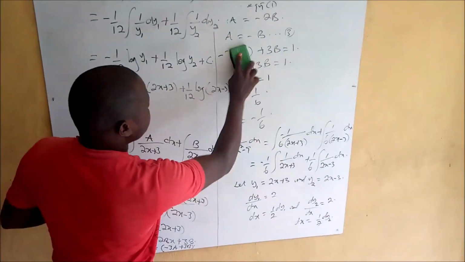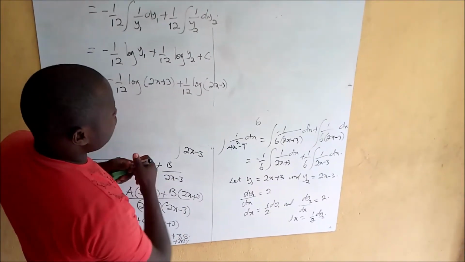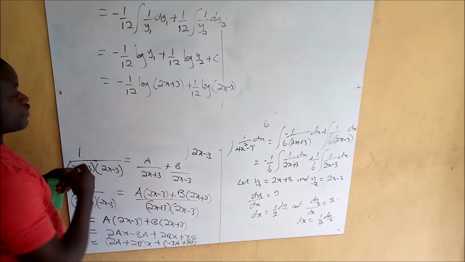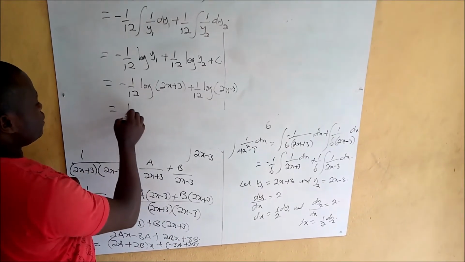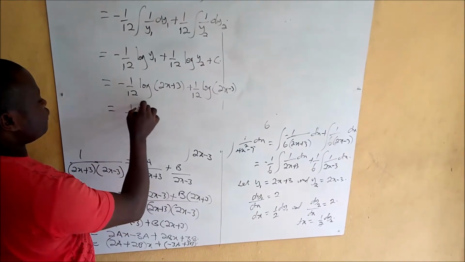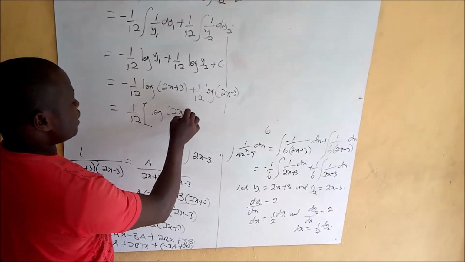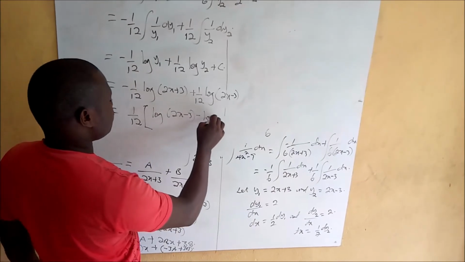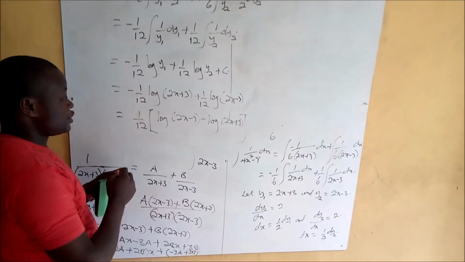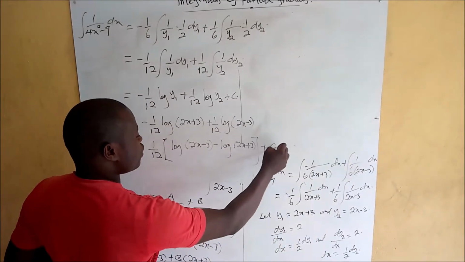So we can factorize that to have 1 over 12 multiplied by log of 2x minus 3, then minus log of 2x plus 3. That is, I put the positive first before the negative, then plus our constant of integration.